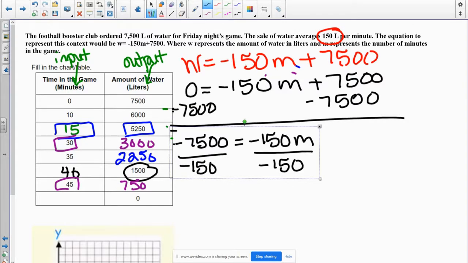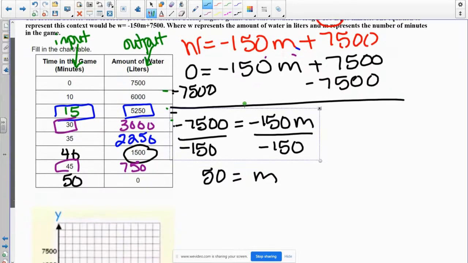So negative 7,500 divided by negative 150 is 50 minutes. So within 50 minutes of the game started, we have run out of water if we continue at that constant rate of selling 150 liters per minute.